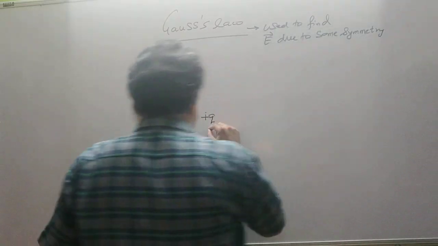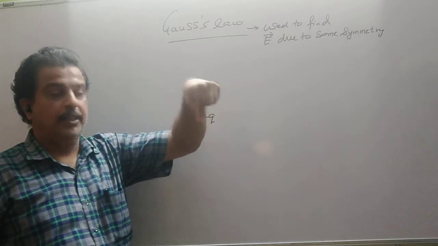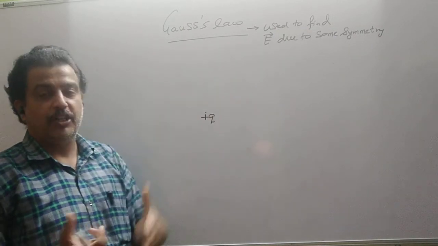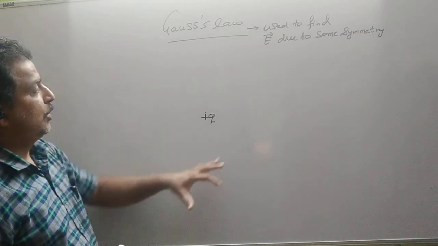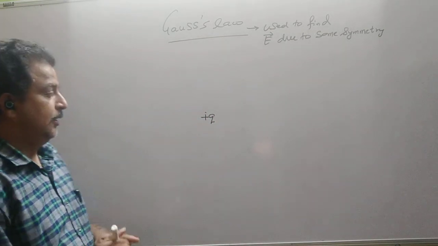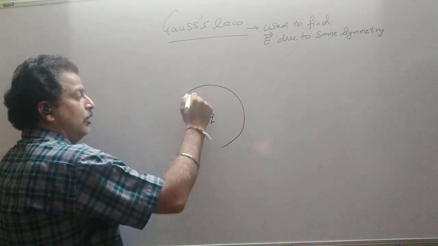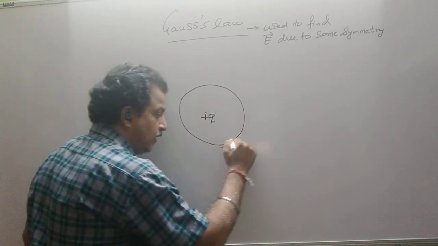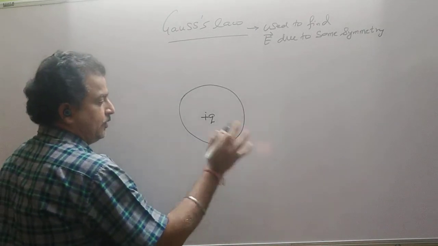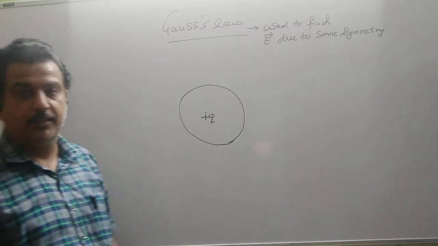Now, if I take a charge in 3 dimensions or in space, the surface should be spherical because then only this charge will be enclosed inside it. So let us assume a spherical Gaussian surface. For our convenience, we have taken the spherical Gaussian surface.